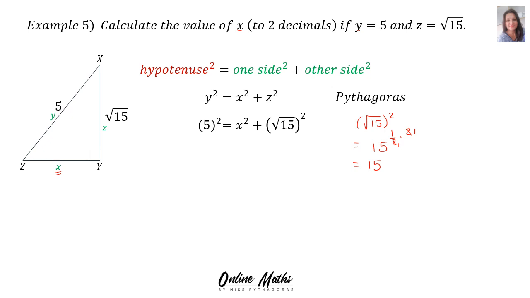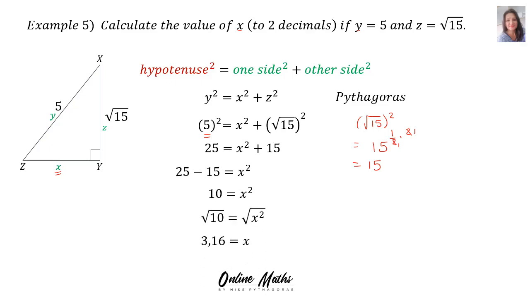Back to our sum. 5 squared, 5 times 5 is 25, equals x squared, and root 15 squared is just 15. 15 walks across. 25 minus 15 is 10, is x squared. Take the square root both sides, and x is equal to 3,16.